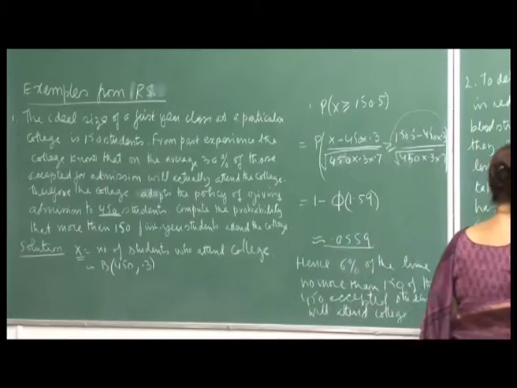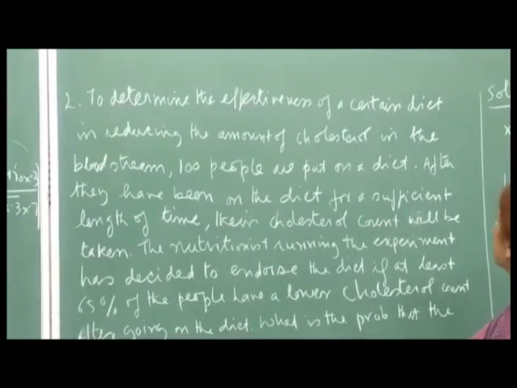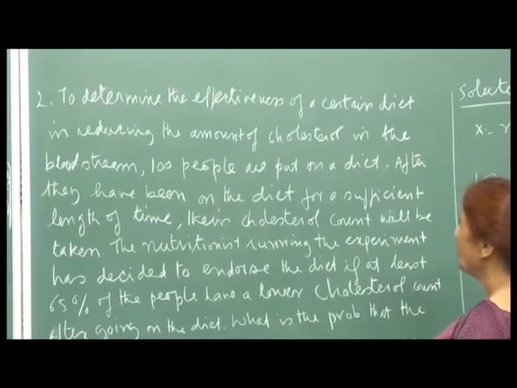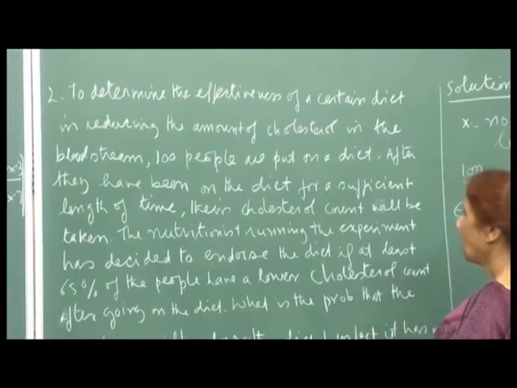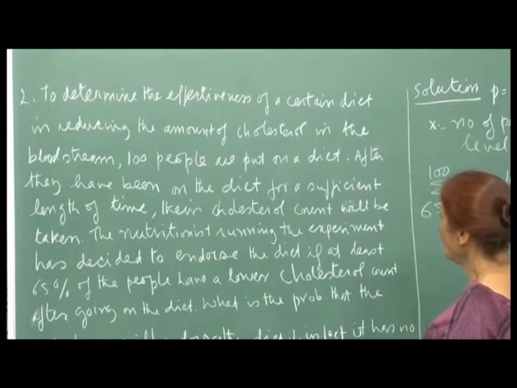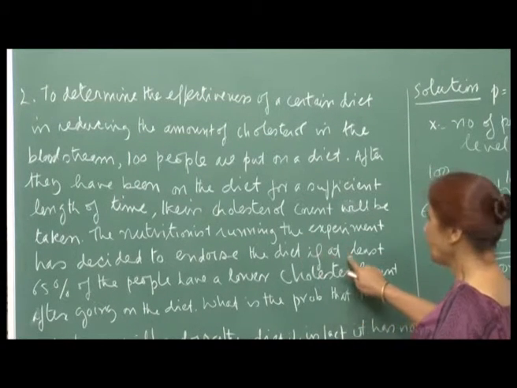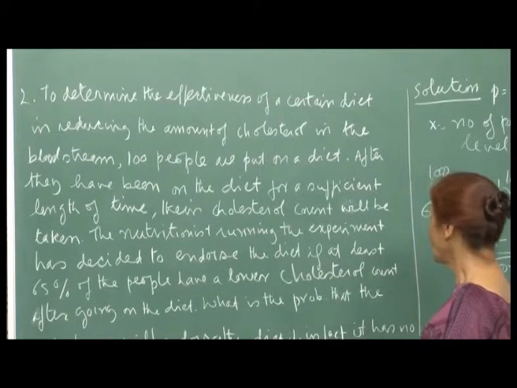Now, another interesting problem. This is to determine the effectiveness of a certain diet in reducing the amount of cholesterol in the bloodstream. 100 people are put on a diet. After they have been on the diet for a sufficient length of time, their cholesterol count will be taken. The nutritionist running the experiment has decided to endorse the diet if at least 65% of the people have a lower cholesterol count.